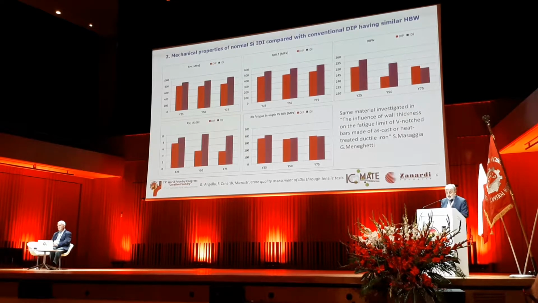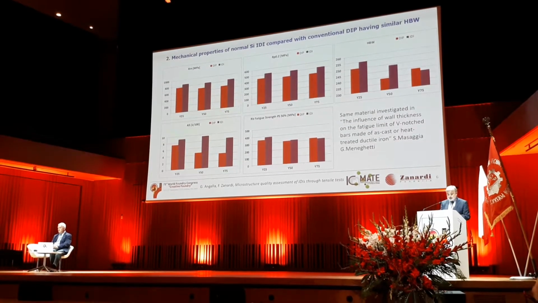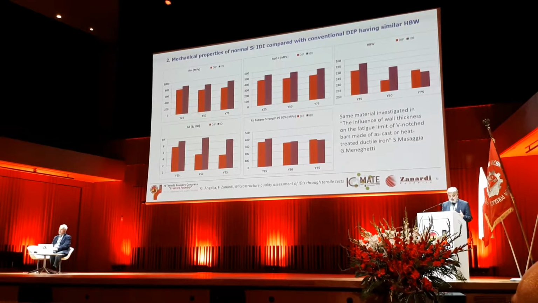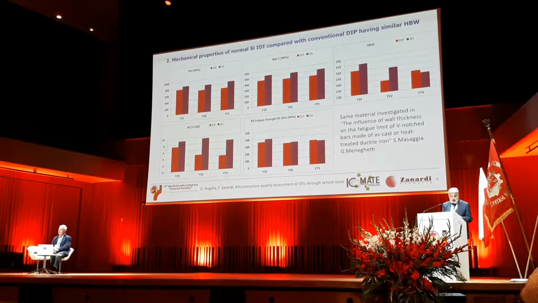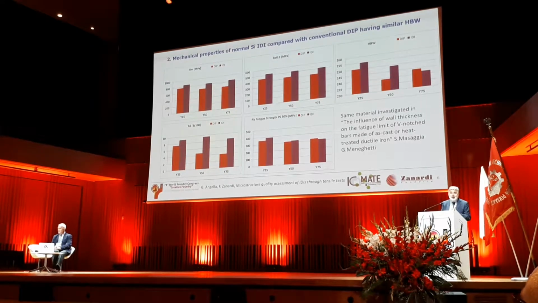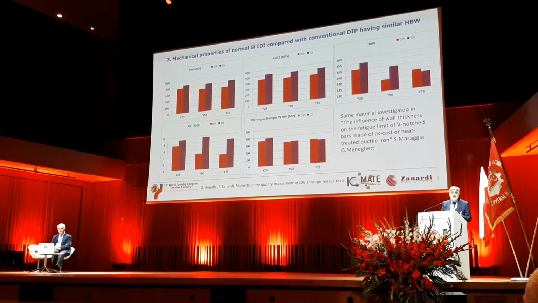Same happens for Rp0.2, the yield strength. And very important is the elongation, A5, where we are conserving an elongation of more than 8% in all the three thicknesses. And this is thanks to the absence of segregations.